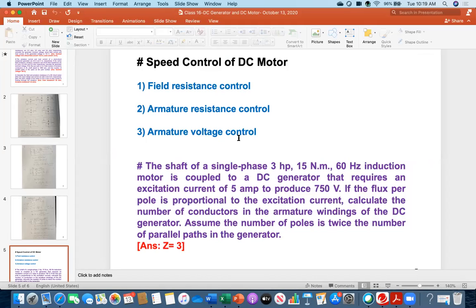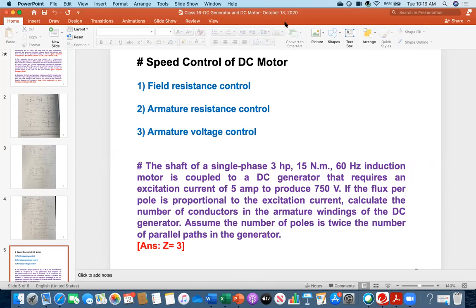There are 3 main ways. By field resistance control, you can control the speed. By controlling the armature resistance, as well as by controlling the armature voltage. So everybody remember: field resistance control, armature resistance control, and armature voltage control.